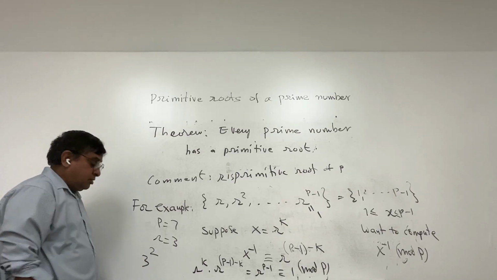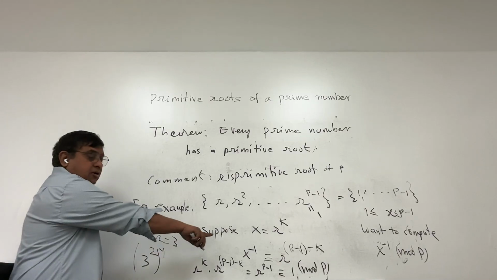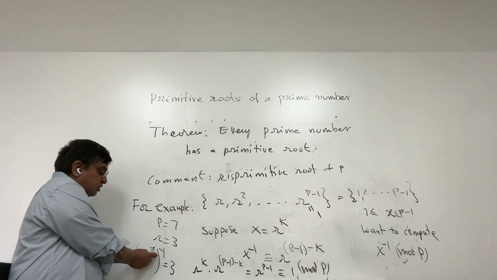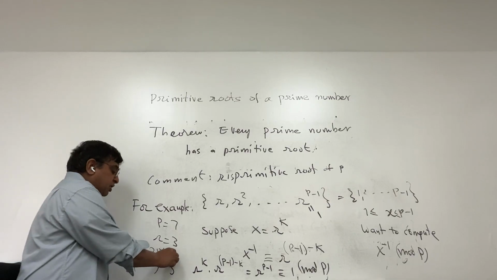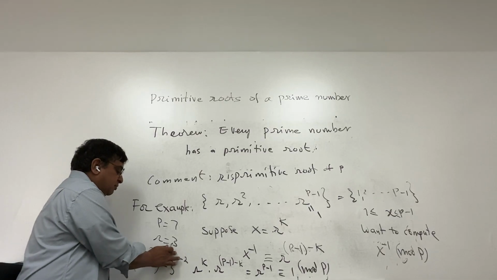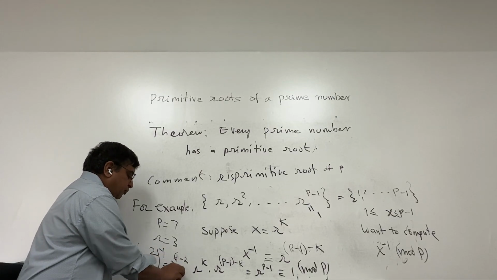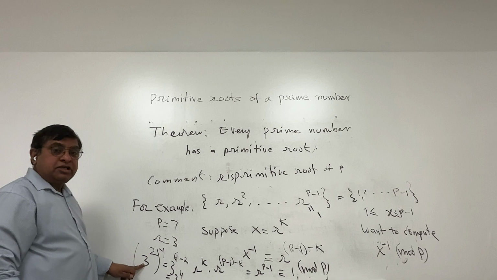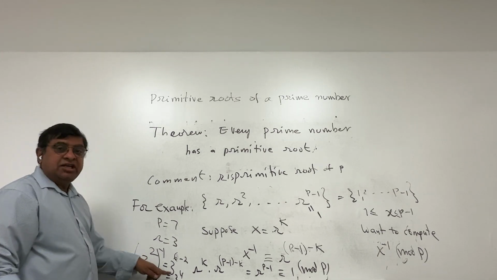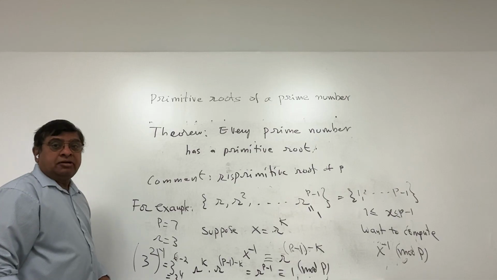The inverse of 3 squared is, according to this, 3 to the power of p minus 1 minus 2. p minus 1 is 6, minus 2 is 4, so 3 to the power of 4. So if I multiply 3 squared and 3 to the power of 4, I get 1. Therefore, it's easy to compute the inverses.